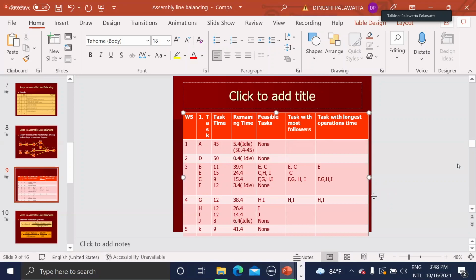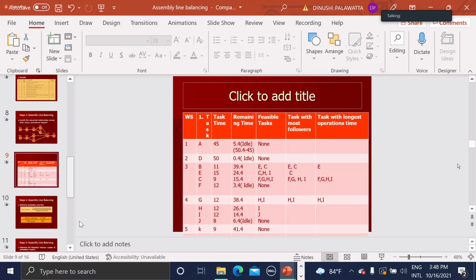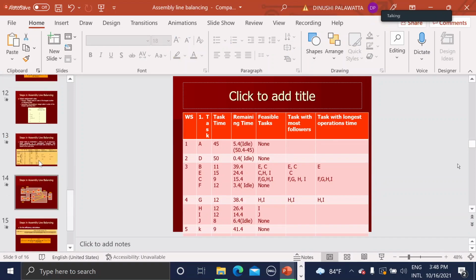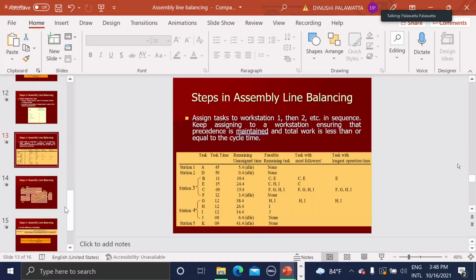Then 6.4 idle. So this is what we again worked out for explanation purpose.